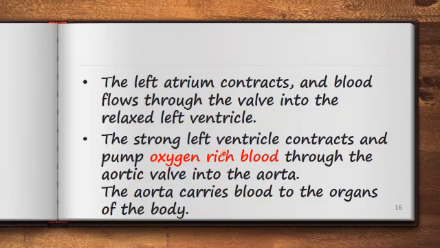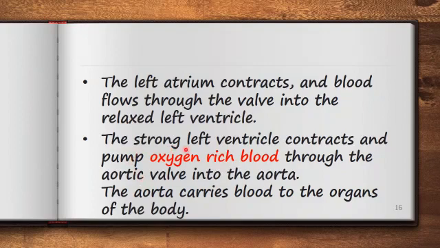So the strong left ventricle, here is another point, the reason why the left ventricle is stronger than the right one. So here is an important function behind it. I'll tell you later. So there is a reason why the left ventricle is strong and then the right ventricle.